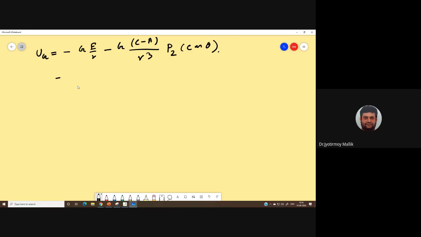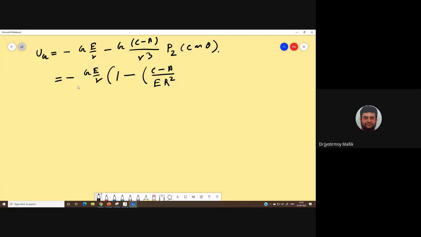I can further simplify this equation as minus GE by r, 1 minus (C minus A) by E r squared.